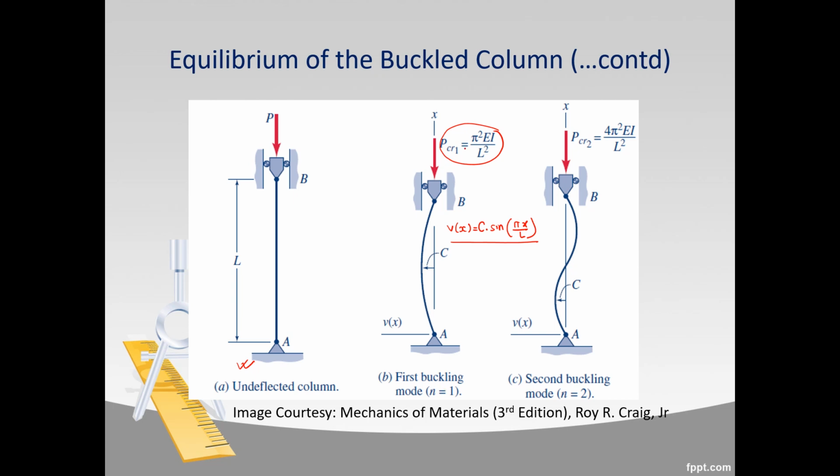If we increase the load beyond this value of PCR1, let's say for the second buckling mode in which n equals 2, then n square gives you 2 square, which is 4, and this is the critical buckling load.